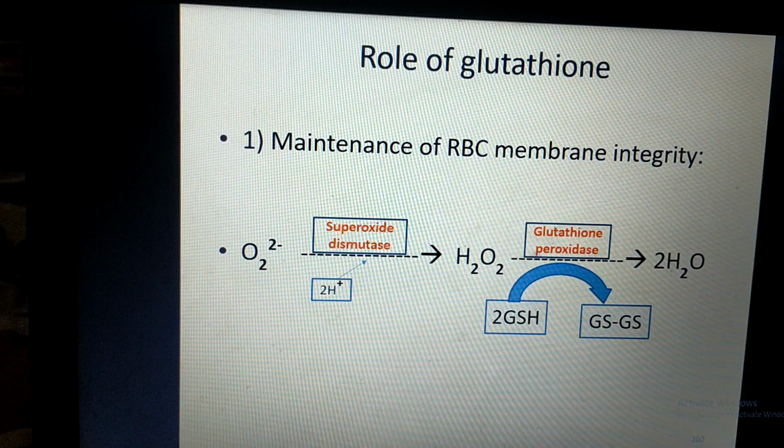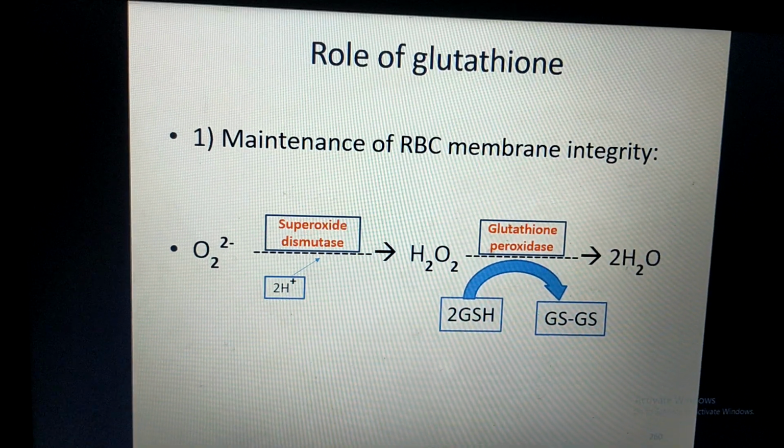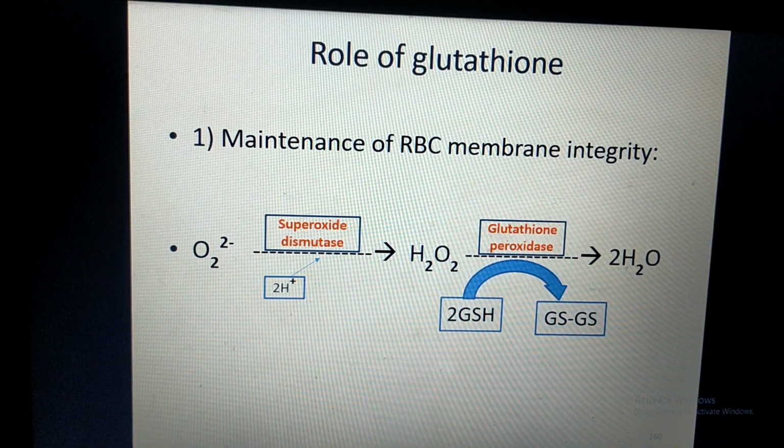Both the enzymes superoxide dismutase as well as glutathione peroxidase are called antioxidants because they help to remove oxidant substances like superoxide and hydrogen peroxide from the RBCs. These two substances are harmful for the RBCs. If the level of these substances in the RBC increases, it will lead to hemolysis. So in this way, glutathione plays an important role in RBC membrane integrity.